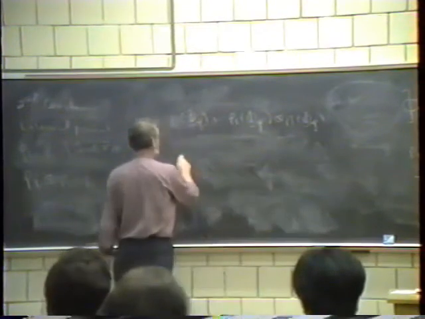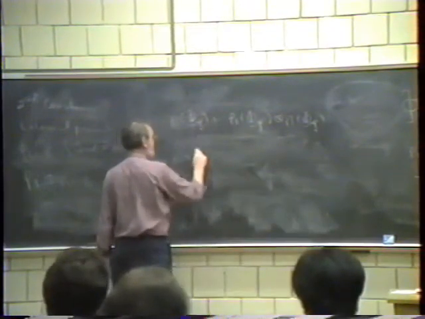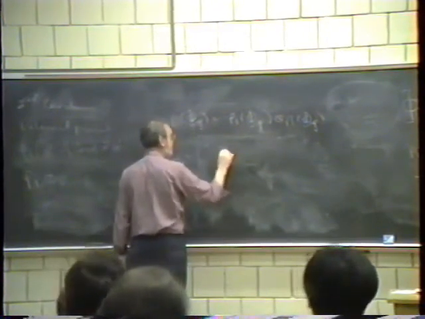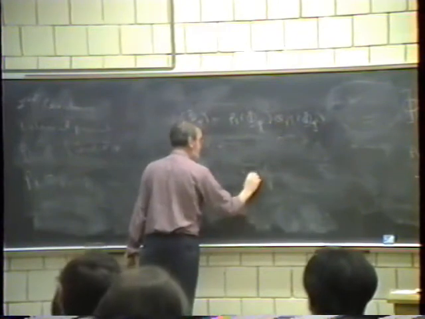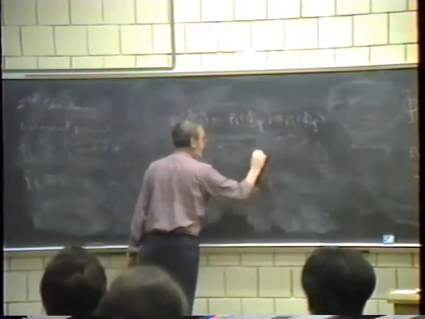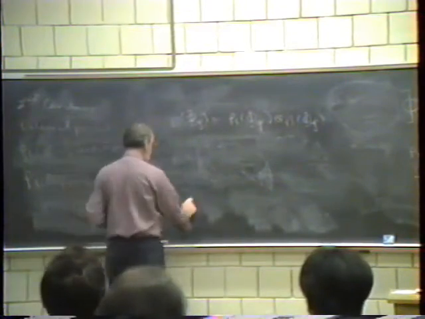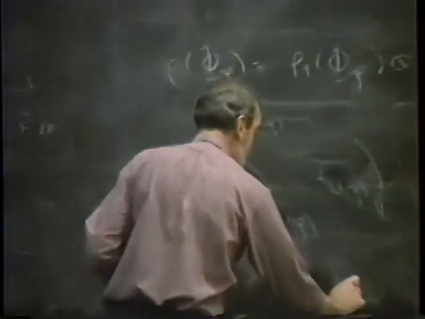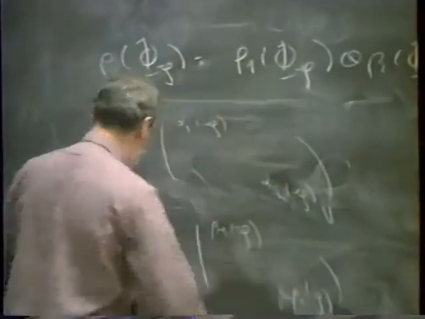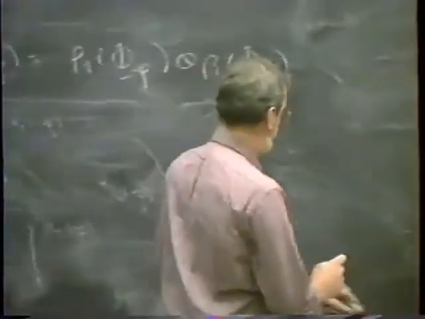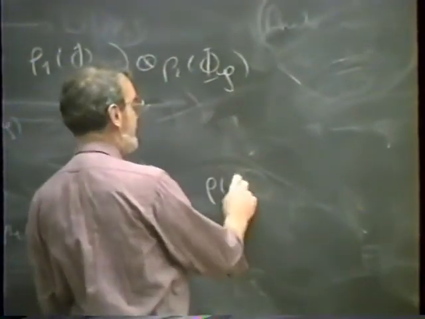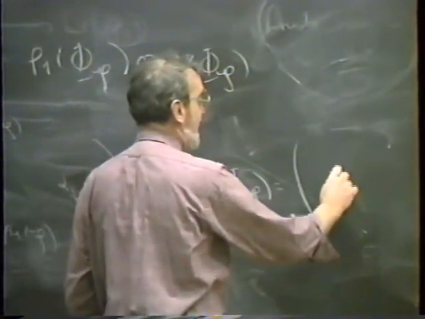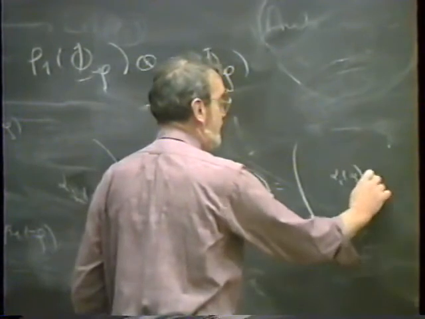That means that if rho 1 was associated to the numbers alpha 1 of p, through alpha m of p, say, if m was the degree of rho 1, and rho 2 was associated to beta 1 of p, through beta n of p, where n is the degree of rho 2, then rho of phi of p would be the matrix whose eigenvalues are alpha i of p times beta j of p.